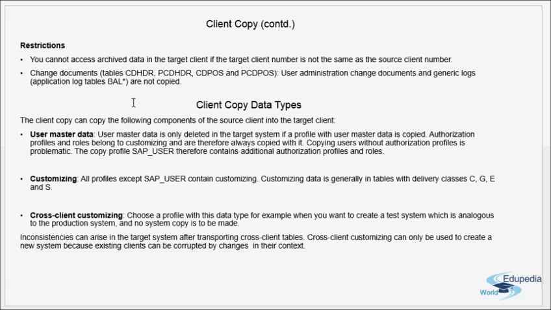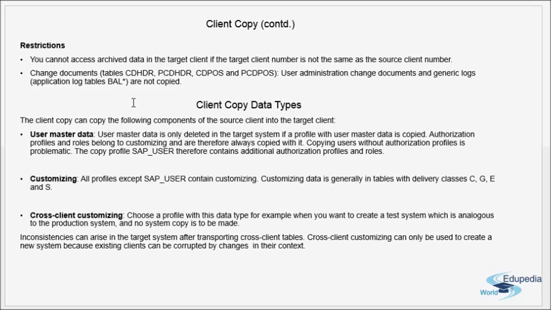The copy profile SAP_user therefore contains additional authorization profiles and roles. So one option is to copy the user master data. Here the profile is SAP_user. So that profile can be used to copy the user master data.